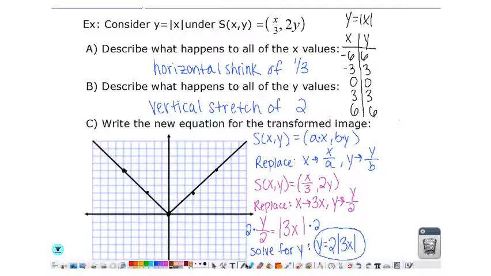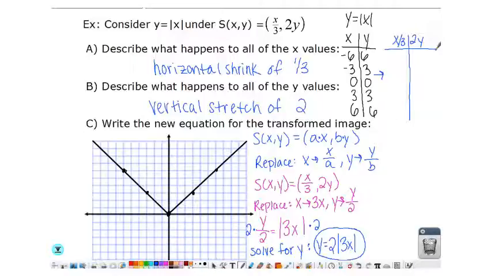Okay. So now we're going to plug in to our mapping. So we have x divided by 3 and 2y. We're just going to take our original points and use our mapping to transform them, because that's the easiest way to do this.